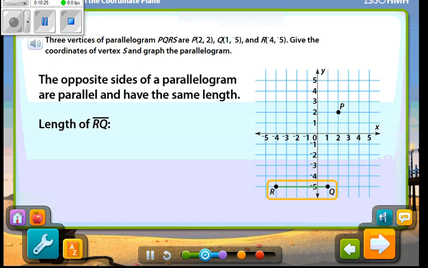What is the length of line segment RQ? The length of line segment RQ is 5 units. Line segment SP will be located on the opposite side of line segment RQ. So we know that line segment SP is parallel to and has the same length as line segment RQ.